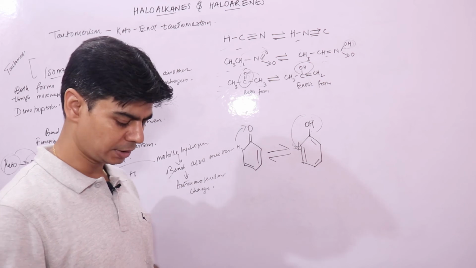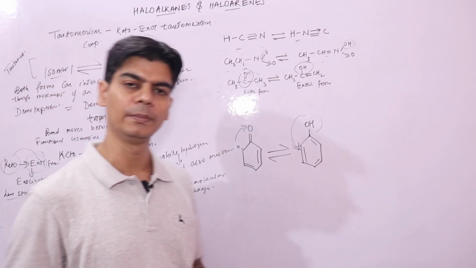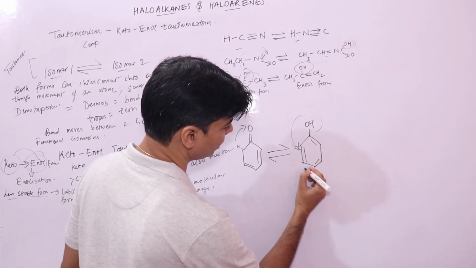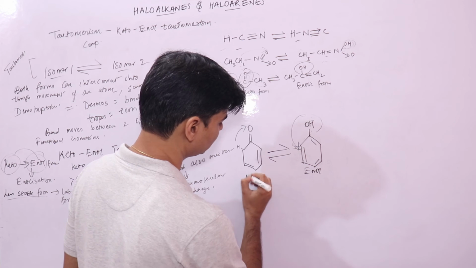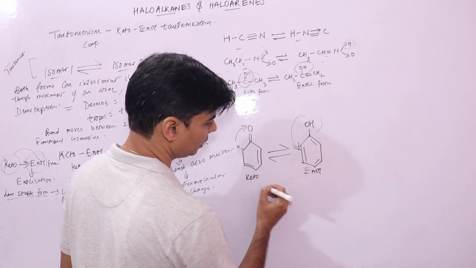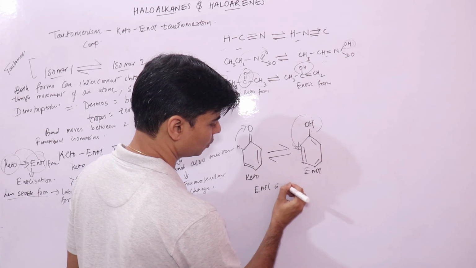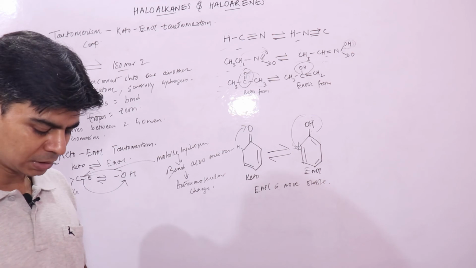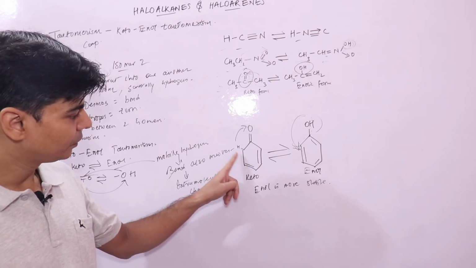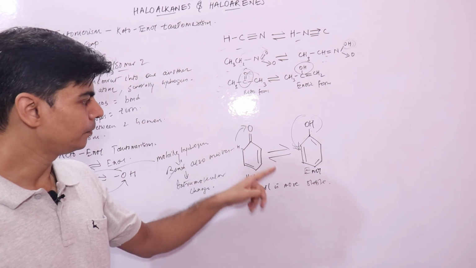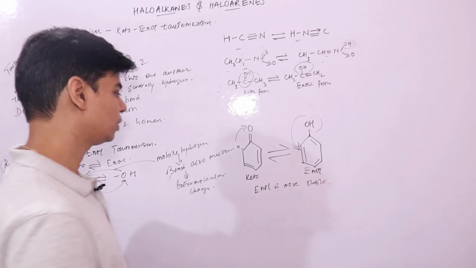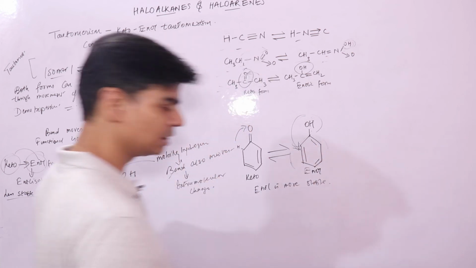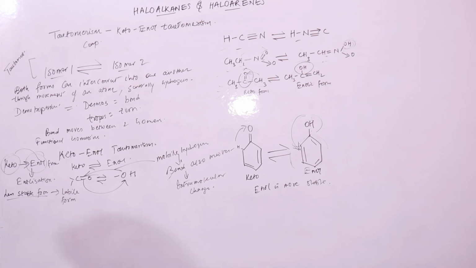But there is one important thing. Like I said, mostly the keto form is more stable than the enol form, but here, this is the enol form where you have an OH group, and this is your keto form. Here the enol form is more stable. Why? Because due to an intramolecular change where the hydrogen moves to the oxygen atom, what is formed is a benzene ring, which is an aromatic ring.